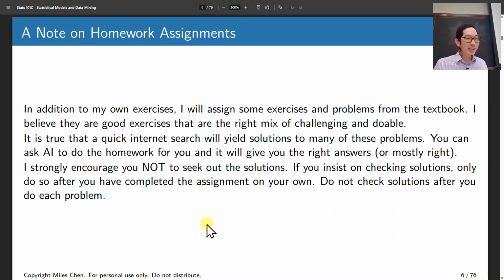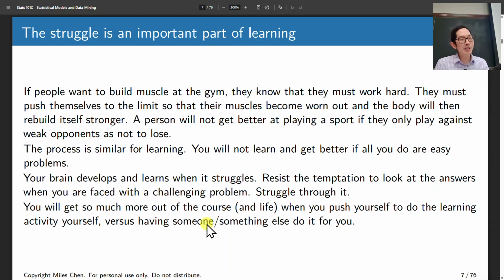And I strongly encourage you not to do that. Of course, everybody says this, but I'm a true believer in learning. That's why I'm here at the university teaching, and I think you are also here taking this class because you want to learn, right?